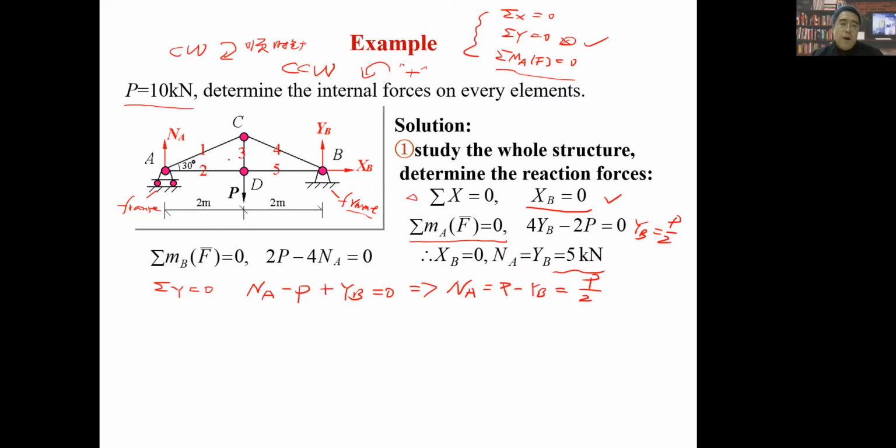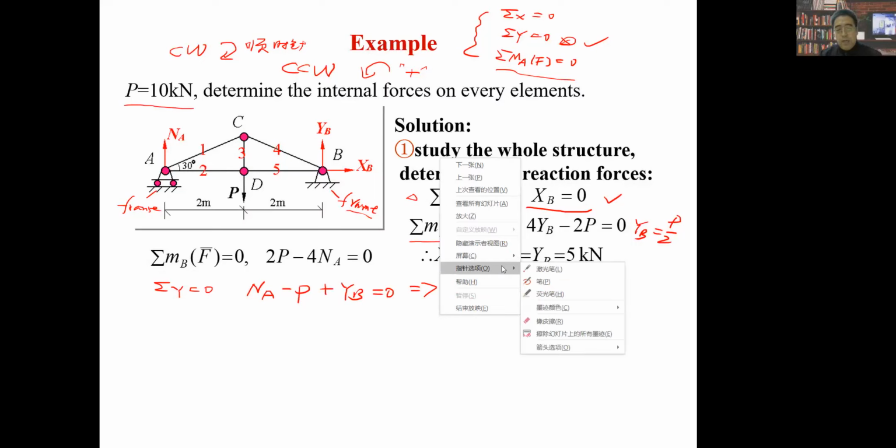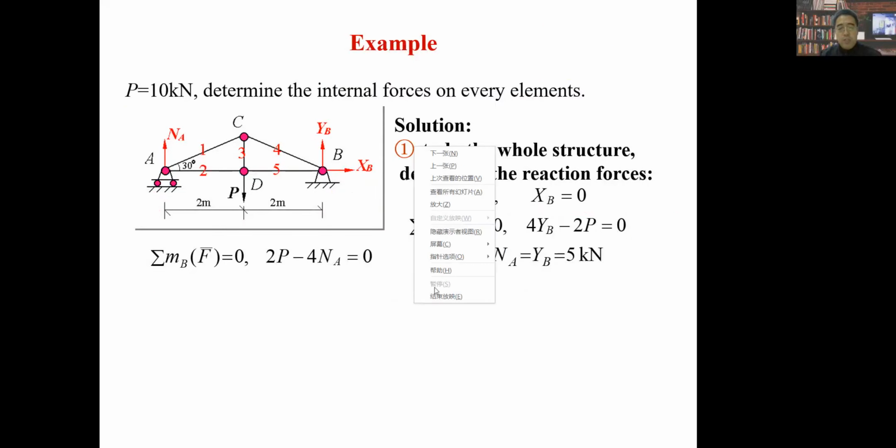Maybe we'll treat different kinds of truss, but the first step we will always try to figure out the reaction forces like this. So maybe I will erase all the things on the screen, so maybe you can see it very clean.